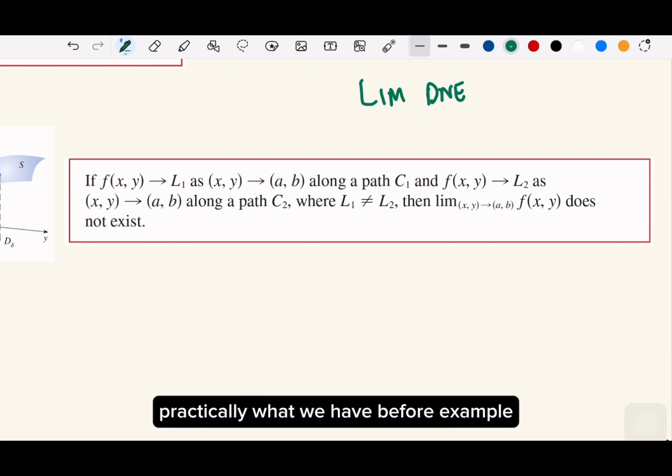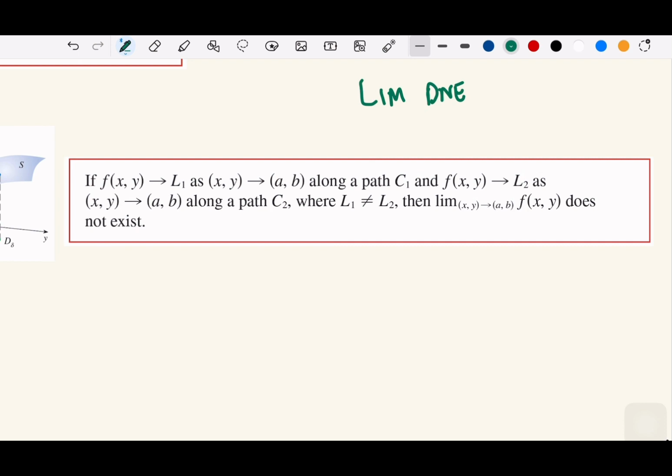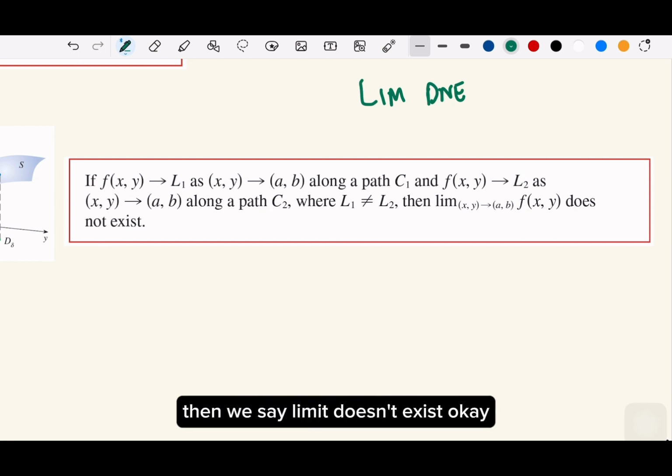That's practically what we had in the example before. If they have different values, then we say the limit doesn't exist.